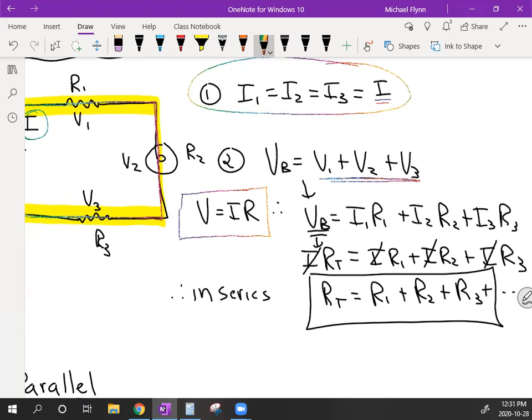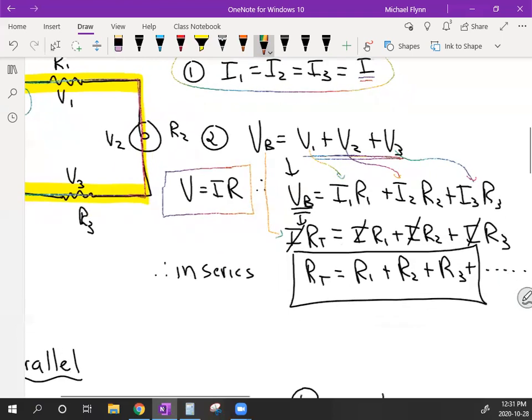So what I've done here in this next line is I've replaced V1 with I1 times R1, V2 with I2 times R2, and V3 is I3 times R3. And then I'm actually going to replace the battery with I times RT, and RT is the total resistance.